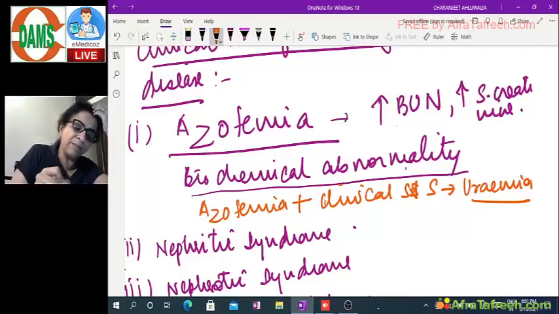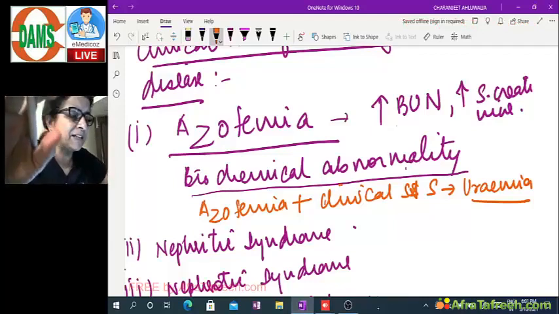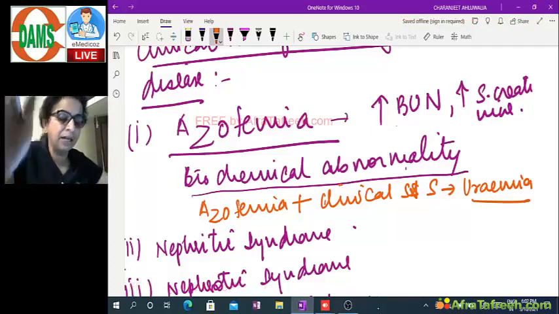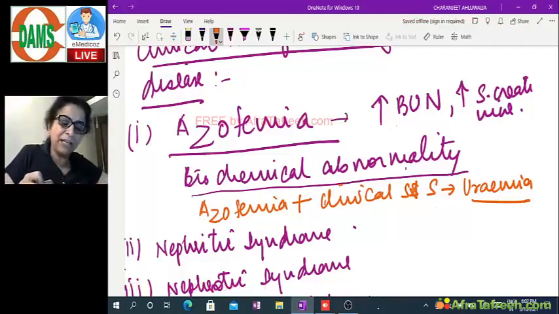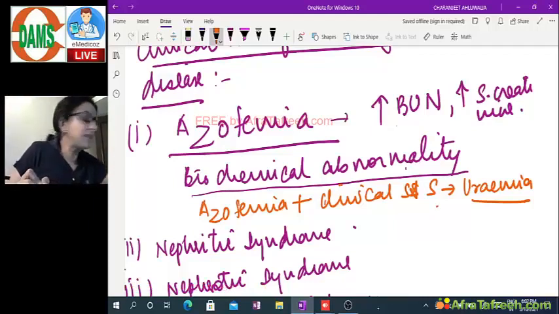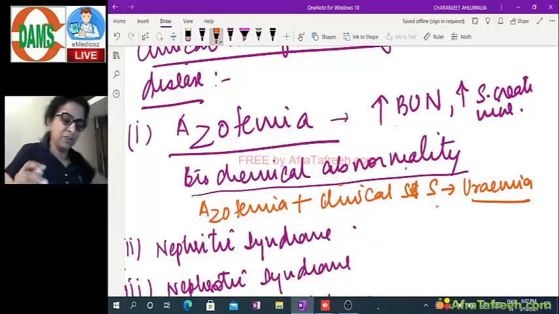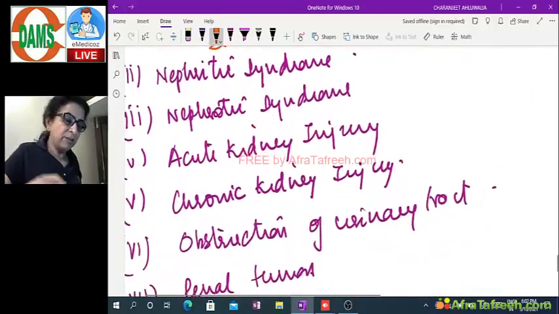When BUN and creatinine levels are elevated but the patient is absolutely asymptomatic, we say the patient has azotemia. When azotemia is accompanied by clinical signs and symptoms of involvement of many organs, that is called uremia. These are the manifestations of kidney disease.